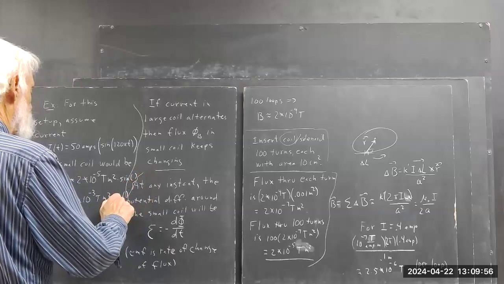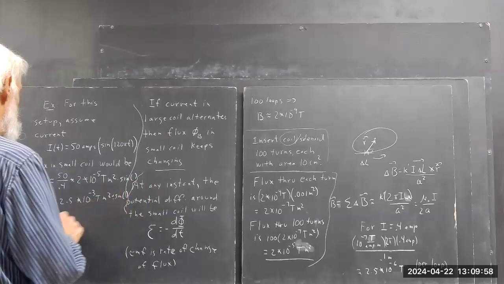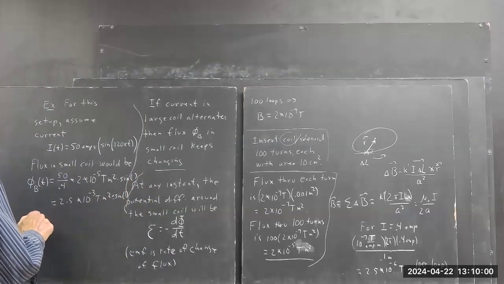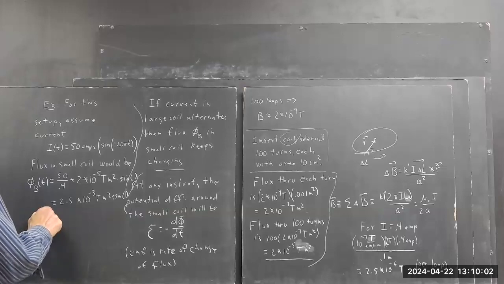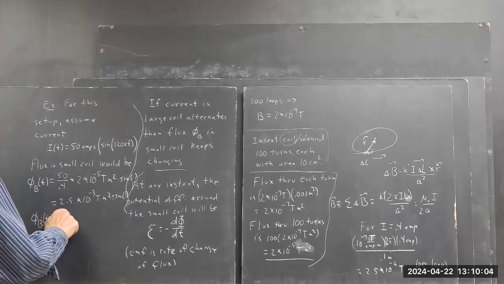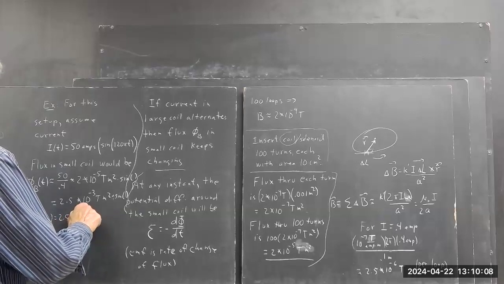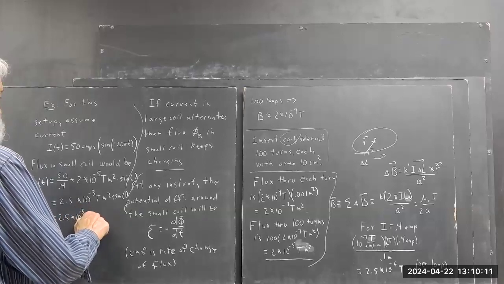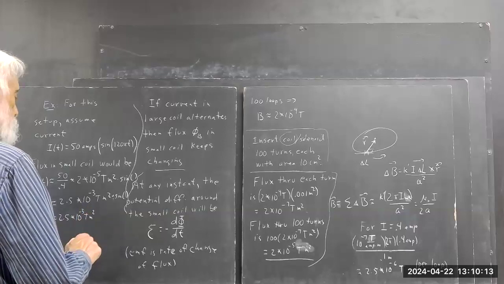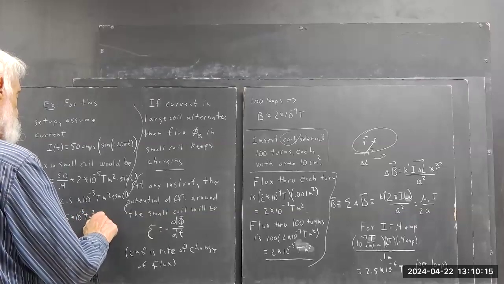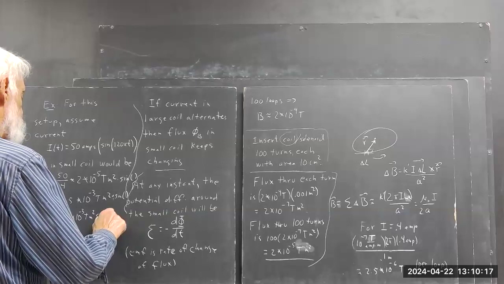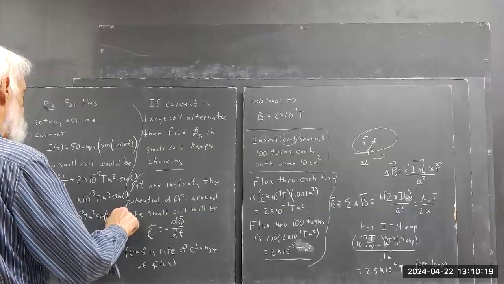Now I'm just carrying the sine along here. Writing it out in all its glory. Going to have amplitude 2.5 times 10 to the negative third Tesla meter squared times the sine of 120 pi t.